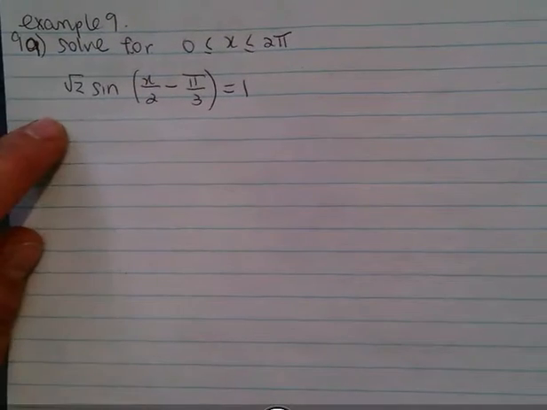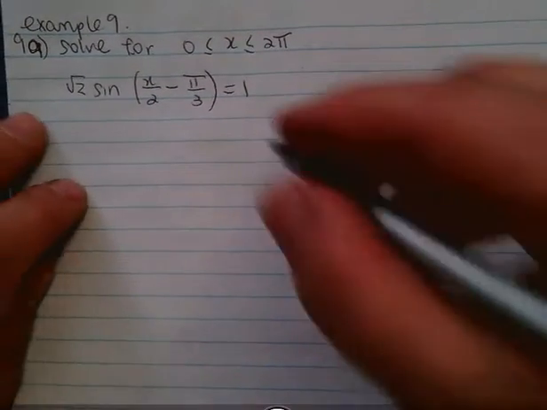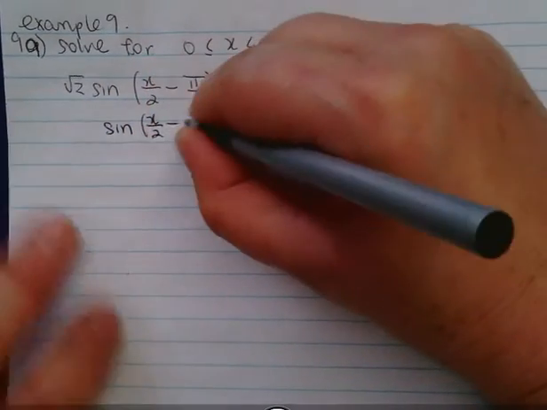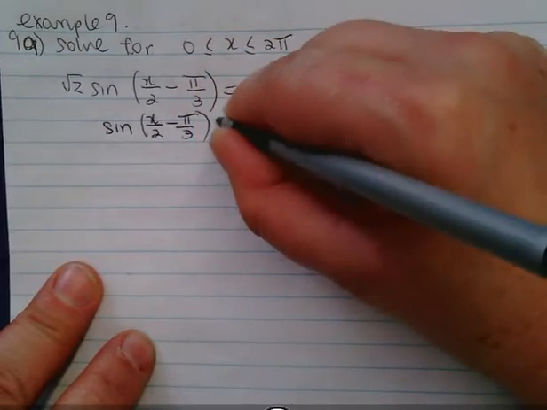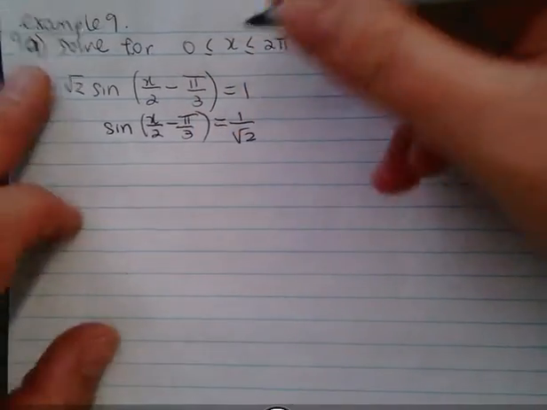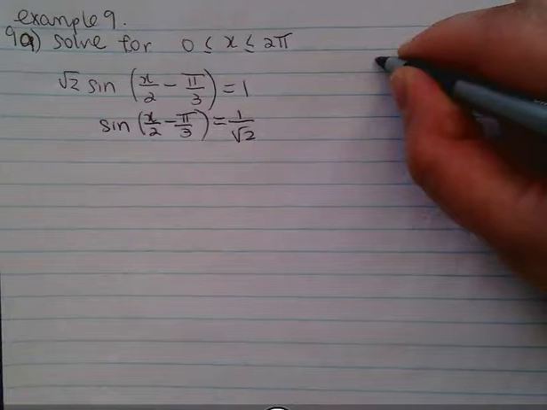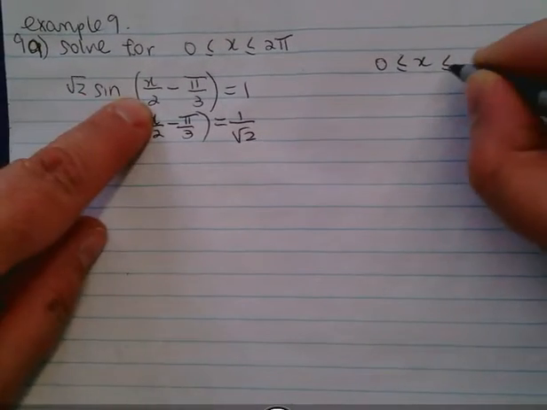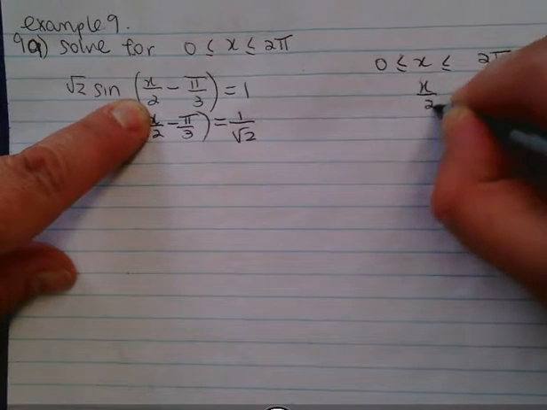Okay, so 9a, solve from 0 to 2 pi. Again, just same steps. Sine of x on 2 minus pi on 3 equals 1 on root 2. So we're dividing by the root 2. So my domain is for 0 to 2 pi, but we have to build this up. So first, let's just divide by 2.